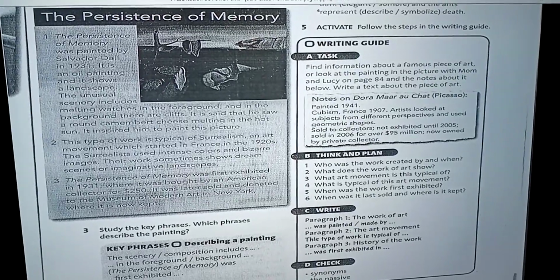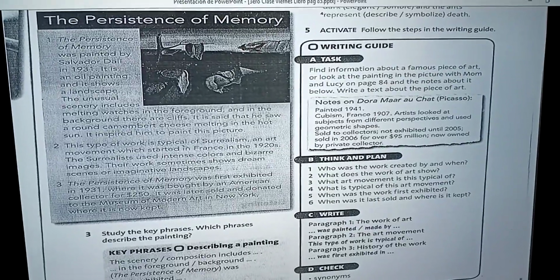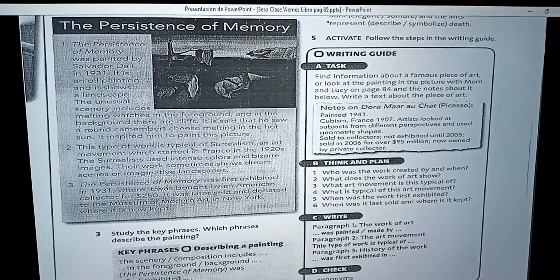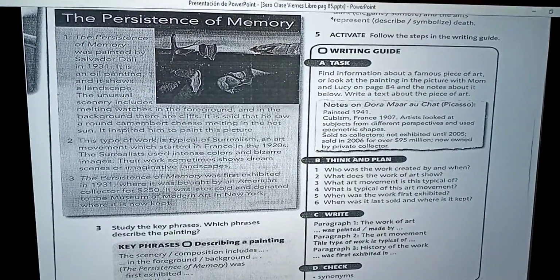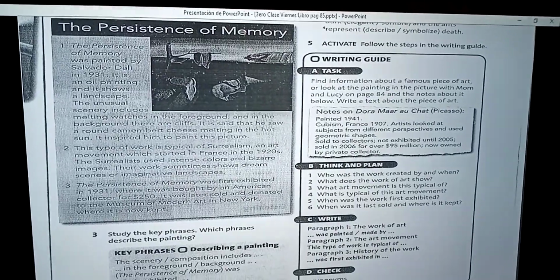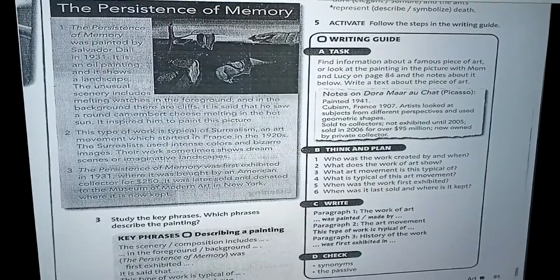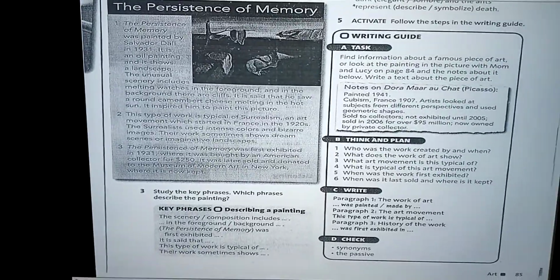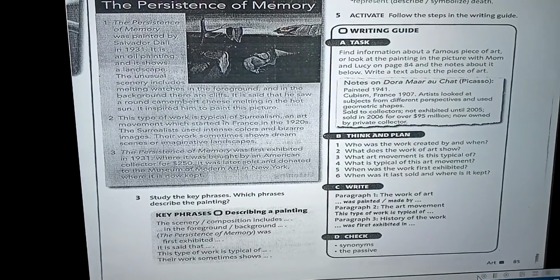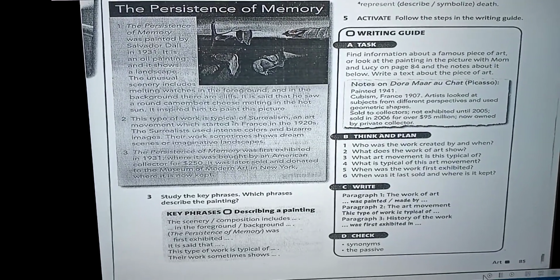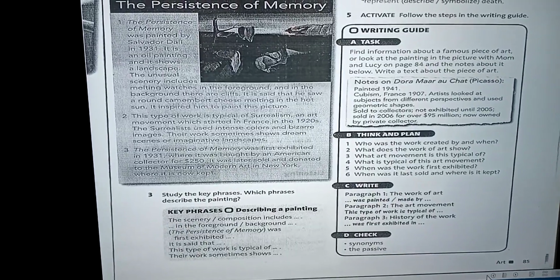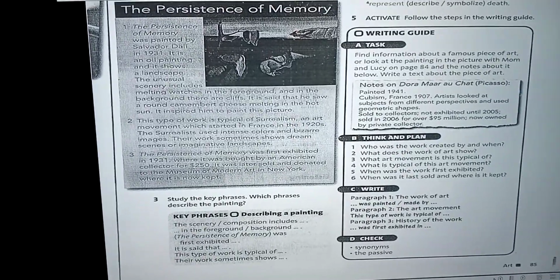Their works sometimes show dreams, scenes, or imaginative landscapes. The Persistence of Memory was first exhibited in 1931, where it was bought by an American collector for 250. It was later sold and donated to the Museum of Modern Art in New York, where it is now kept. This is The Persistence of Memory.